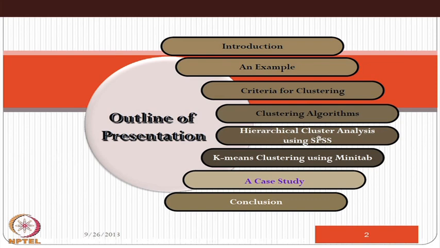One is hierarchical agglomerative clustering and the other one is k-means clustering, and how you will be able to run these using SPSS as well as Minitab, particularly hierarchical clustering using SPSS and k-means clustering using Minitab. Then I will show you one case study and conclusion. That is the totality of the presentation, and in this 1 hour lecture we will try to complete as much as possible. If something remains, it will be given in the next class.